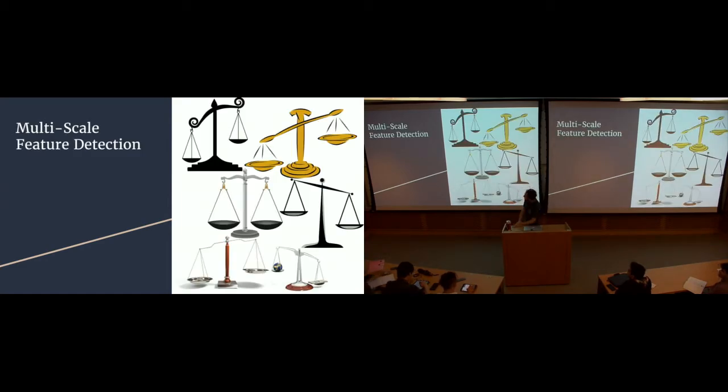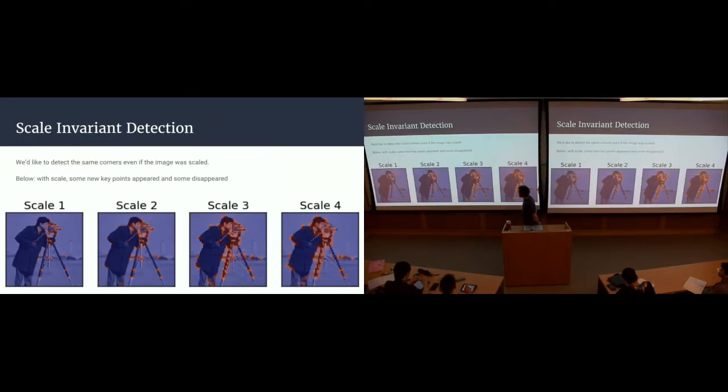All right, so multi-scale feature detection. So you see I have many scales. That is the multi-scale feature detection. Last time we talked about Harris, how to extract key points. And it was not scale invariant. So we looked at an image, and we extracted the key points at the pixel level.